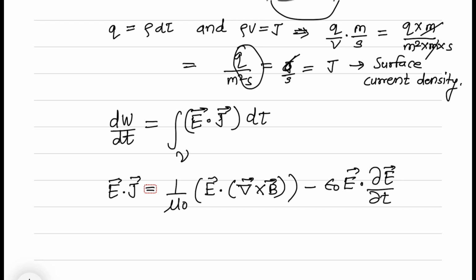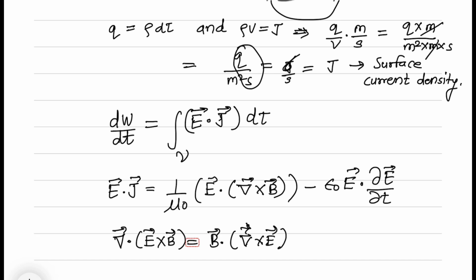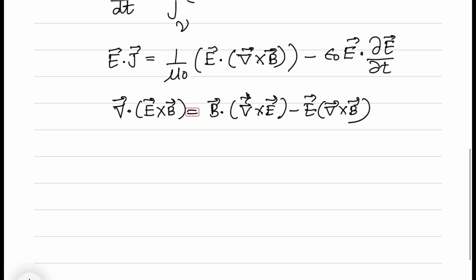Now by using the product rule, we have del dot (A cross B) equal to B dot del cross A minus A dot del cross B. Here, del dot (E cross B) is equal to B dot del cross E minus E dot del cross B. So we invoke Faraday's law, which says that del cross E is equal to minus delta B upon delta t.